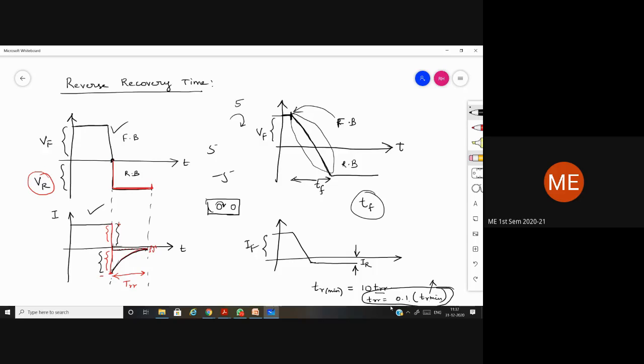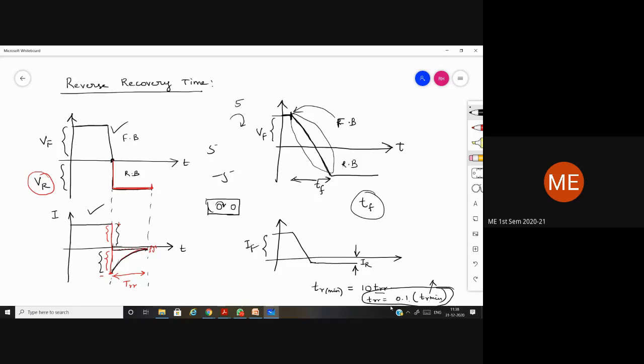Because of the electrons present across the junction, you will have some amount of current. Initially, it will be almost the same amount of current as in the forward bias condition, but in the reverse direction. But slowly the current decreases and reaches the reverse saturation level.